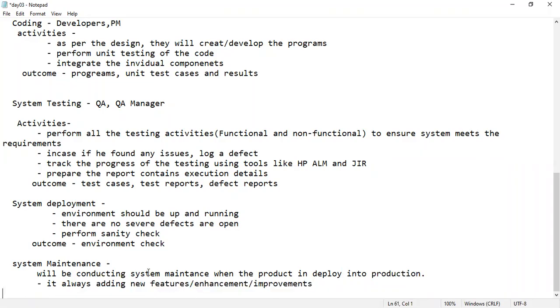So for that, QA should support during the system maintenance stage. In that stage, in case users encounter any defects, make sure the fix happens immediately. Otherwise it impacts the entire system.